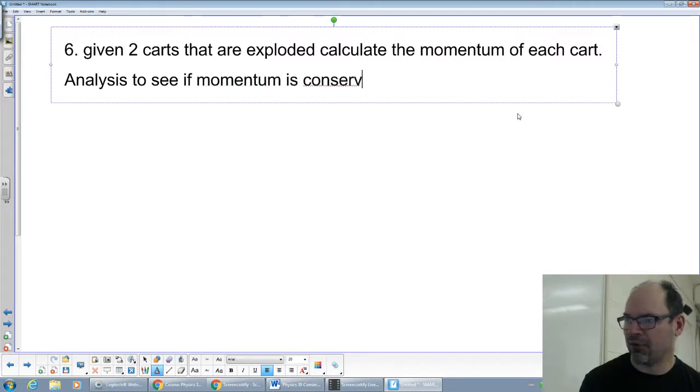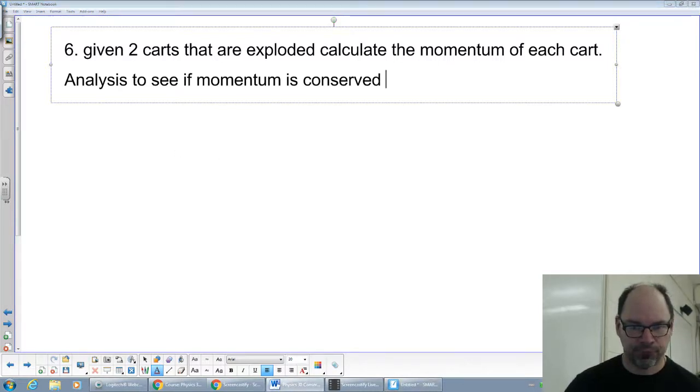I'm not going to do an example of that one, because we just did a conservation of momentum one, and you can look back in our notes on that. That's worth 3.